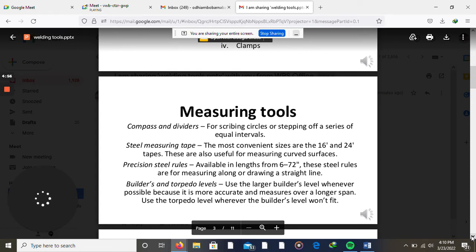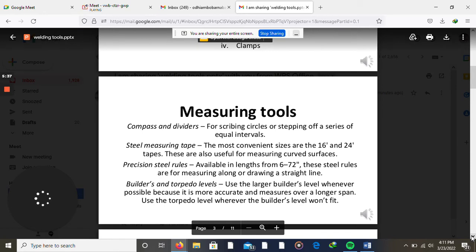I can only see the slide on classification of welding tools. So it seems there's a problem of network, but you are supposed to see the third slide, which is about measuring tools. Since you are not seeing it, we just listen to the audio and understand. Videlis, at your end, are you able to see the measuring tools slide? Yes, I'm able to see the measuring tools.